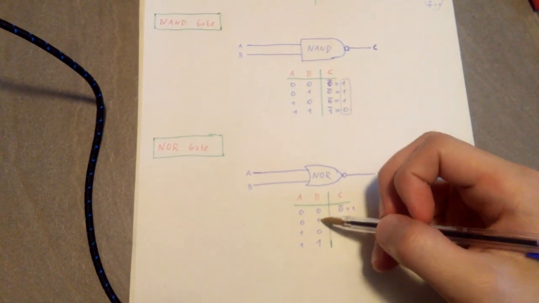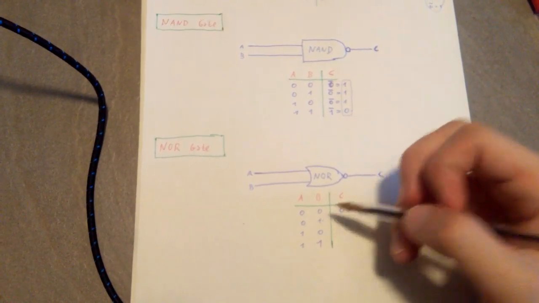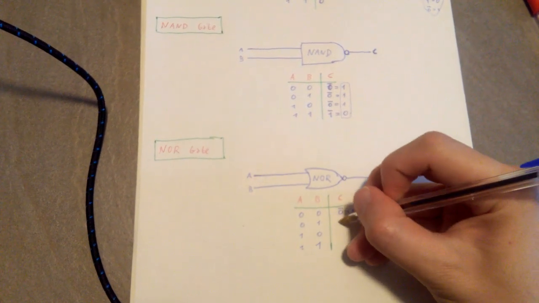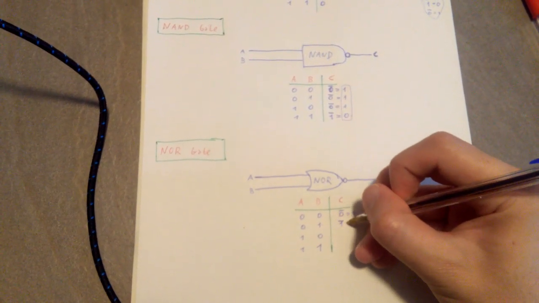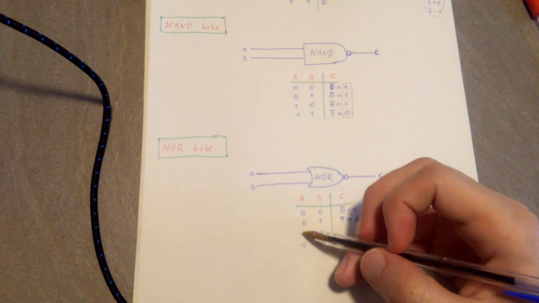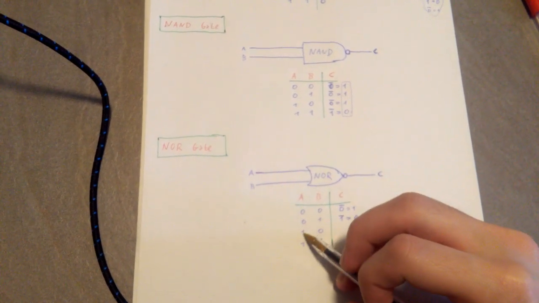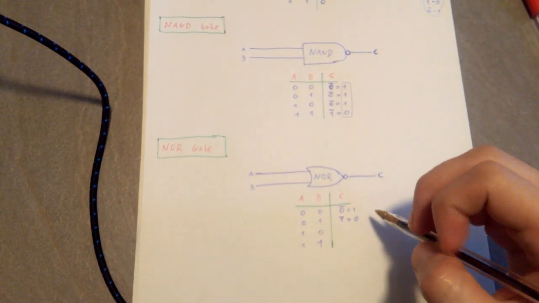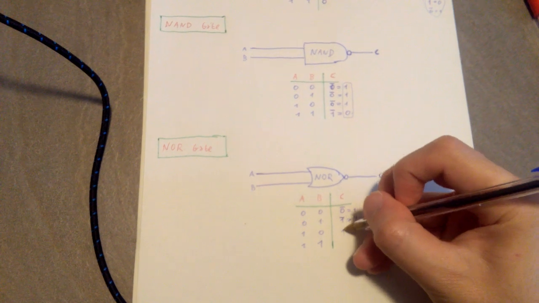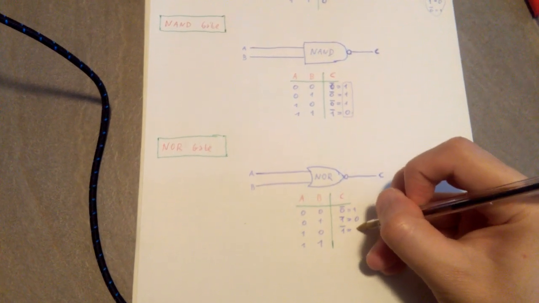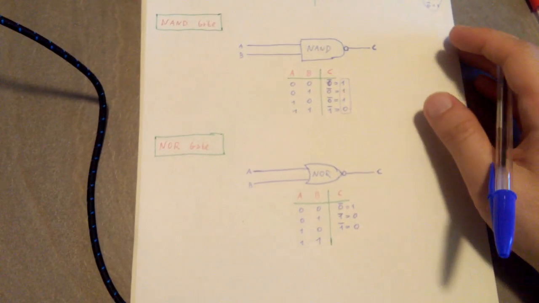Then 0 and 1, okay, so at least one of them is 1, so the output will be 1, inverse, so 0. 1, 0, so at least one of them is 1, so the output will be 1, inverse, so the output will be 0.